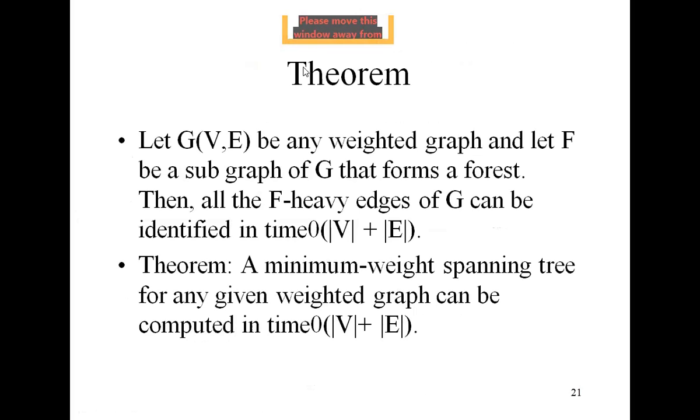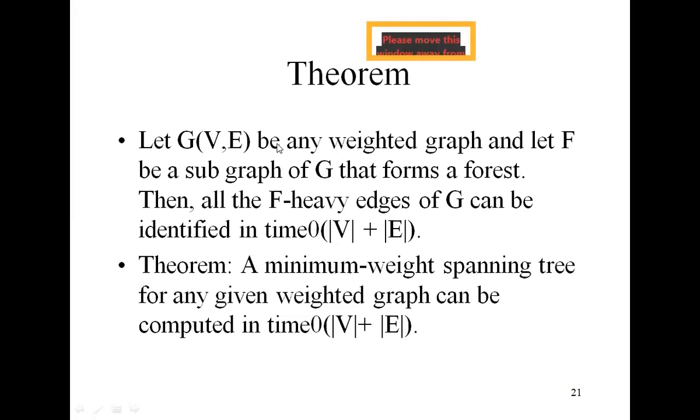So what is the theorem in our minimum cost spanning tree problem? Let G(V, E) be any weighted graph and let F be a subgraph of G. F is the subgraph of the original graph G that forms a forest.